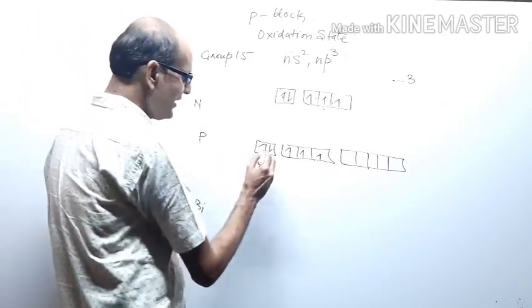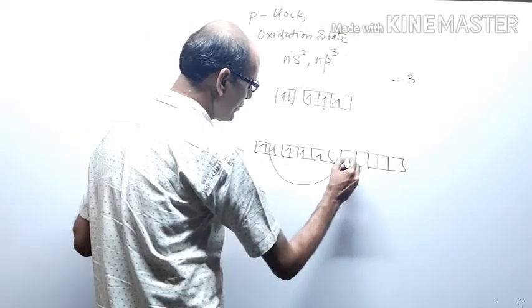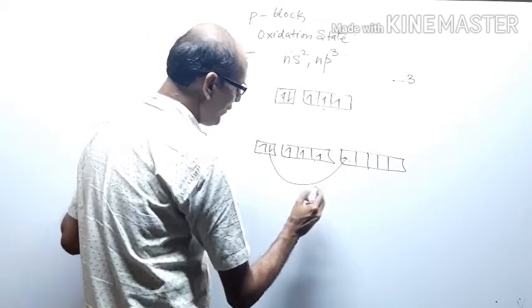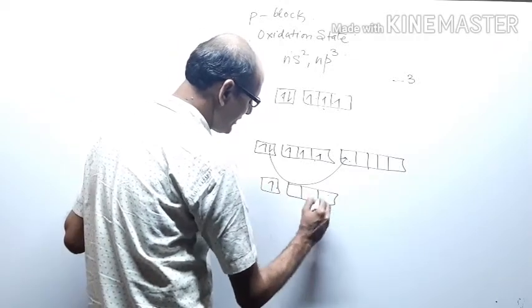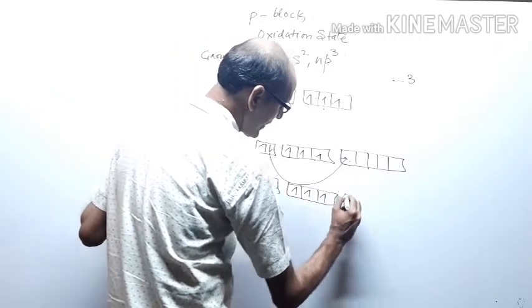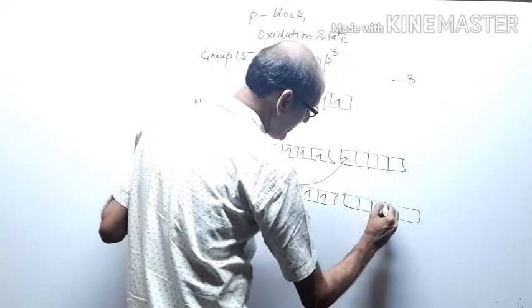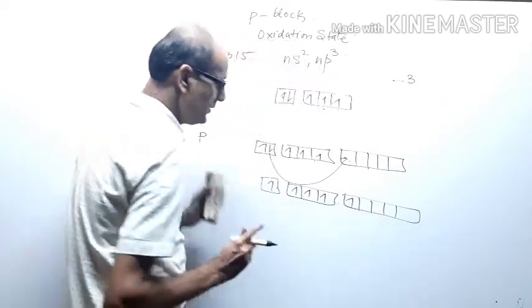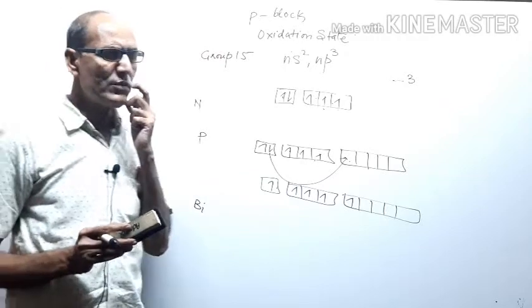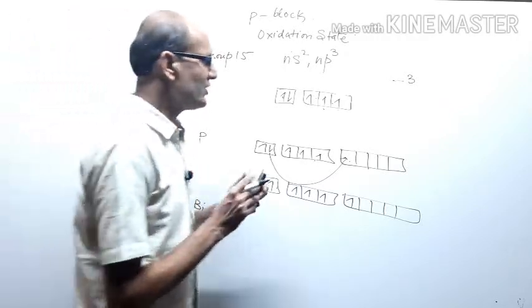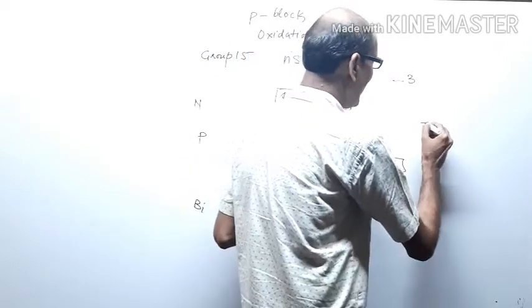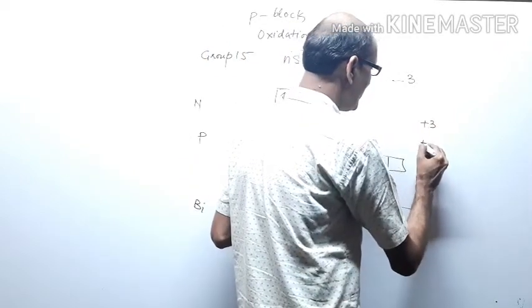So phosphorus can also show the +5 oxidation state. That means when an electron moves from here to here, it forms the +5 oxidation state, like this. So on moving from top to bottom, the tendency to show the +3 oxidation state increases.